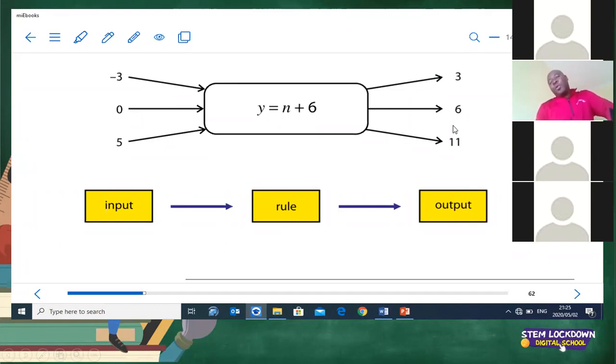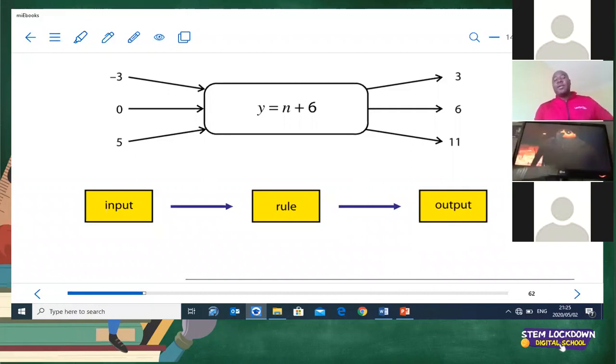Remember that the output values depend on the input and the rule. So you can use the input values by substituting them in the rule to find the output values.